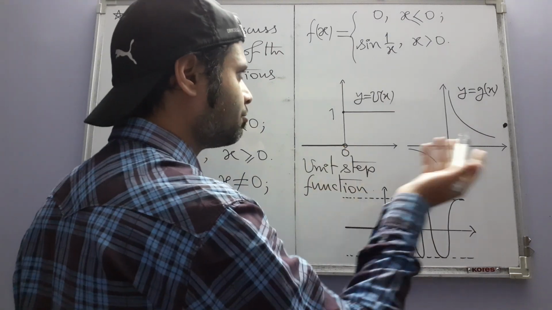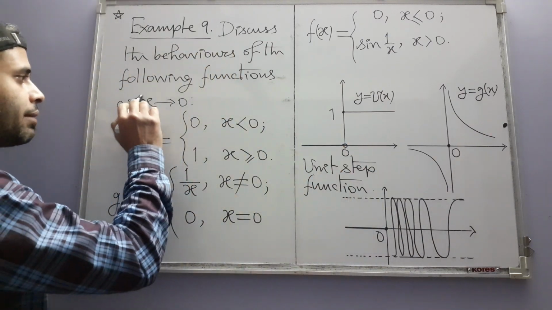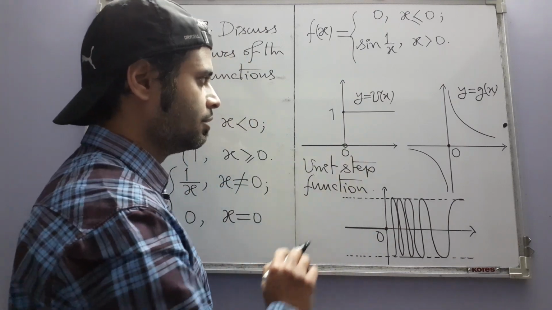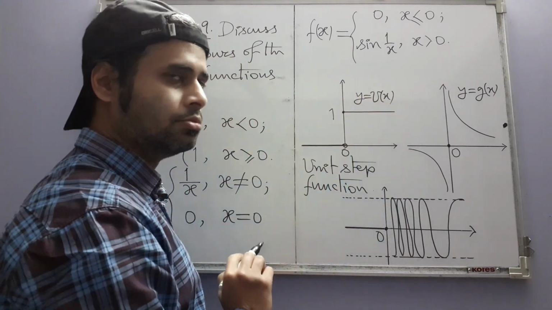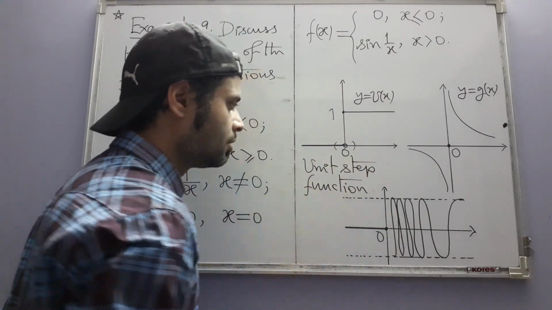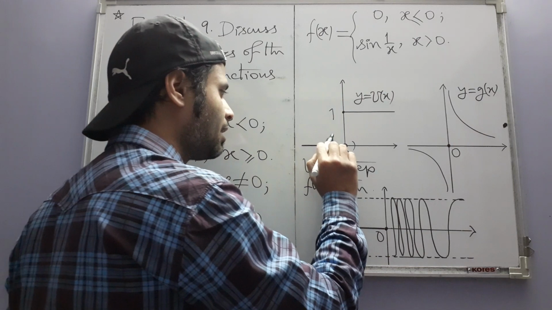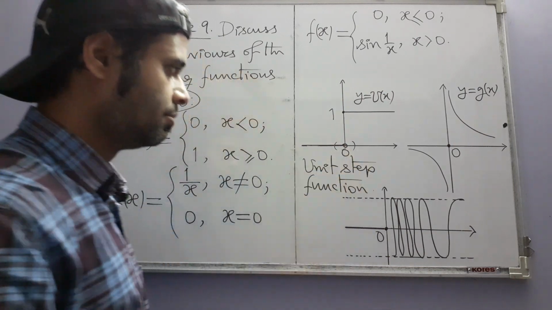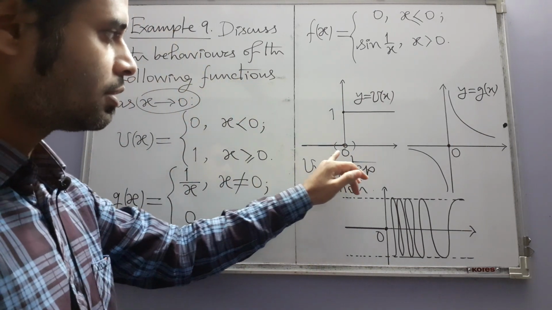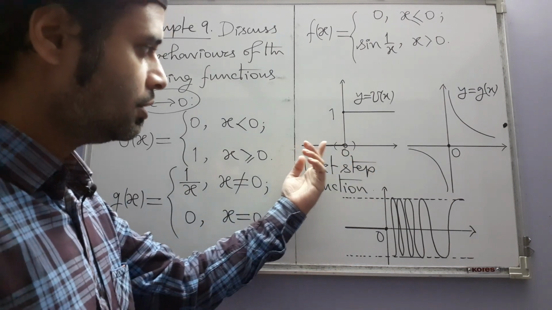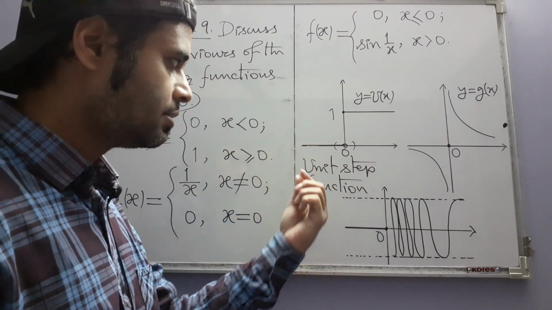We also need to see what happens when x tends to 0. So what happens near 0 to the function, say u? To the left of 0, the u values stay constantly 0. So as your input x is near 0 but to the left of 0, u of x is constantly 0.